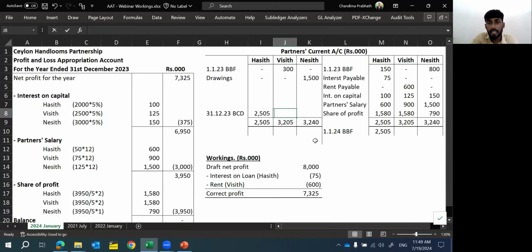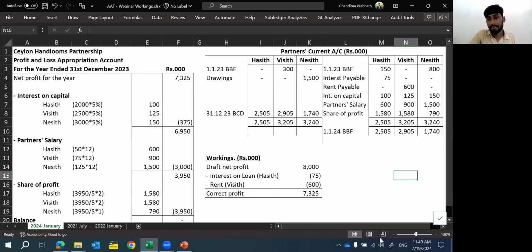Then for Visit, 3205 less this 300. So it is 2905. Then for Nesit, 3240 less this 1500. It is 1740. Sorry, it is 1740.